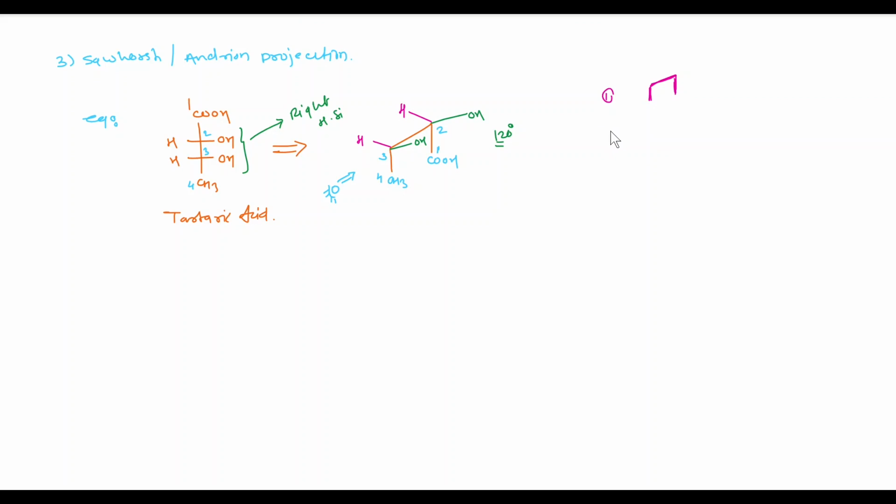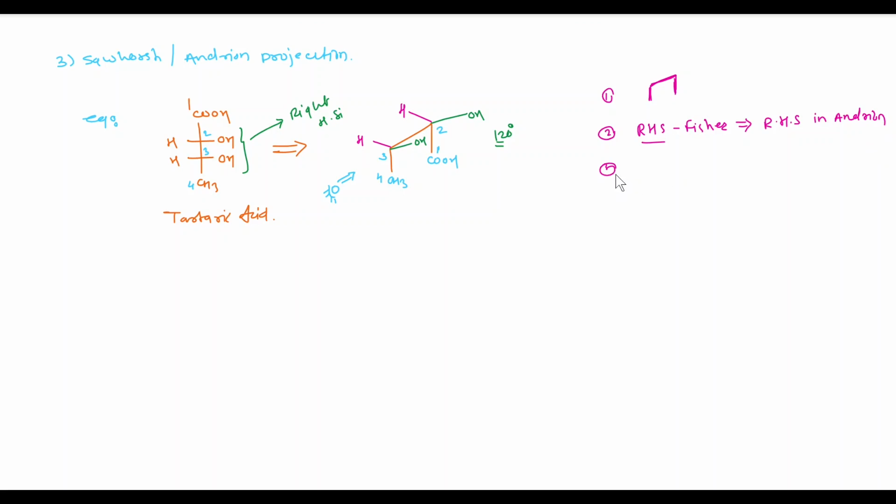The second rule is the substituent on the right hand side in the Fischer projection formula we have to write on the right hand side in the Sawhorse formula.